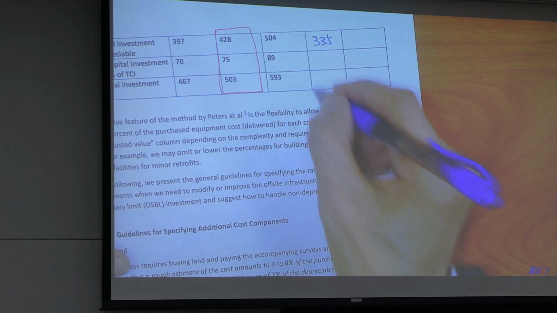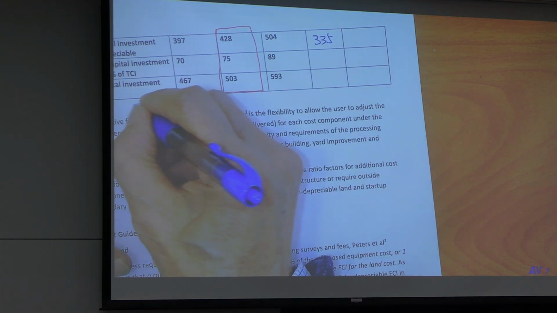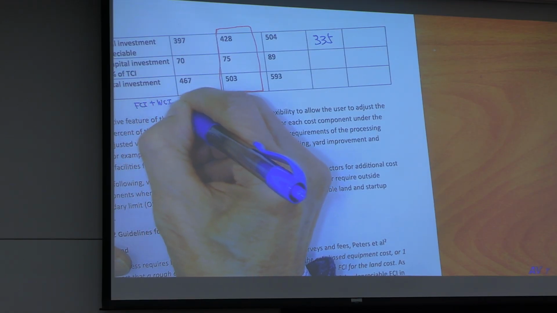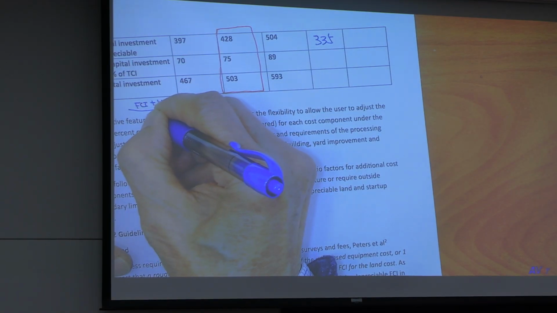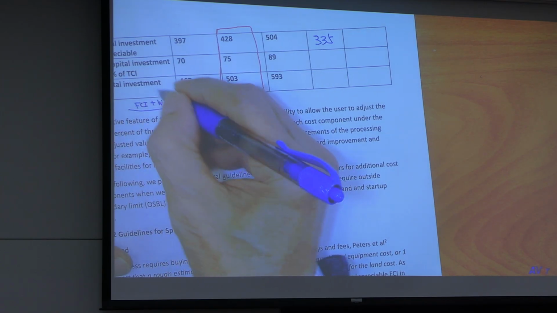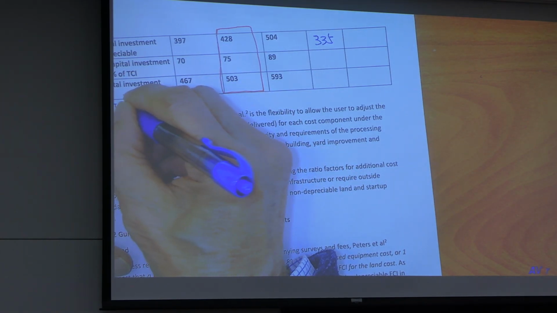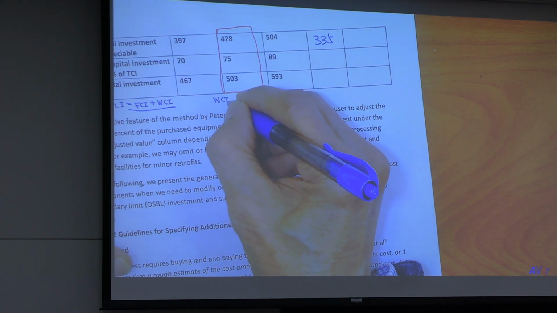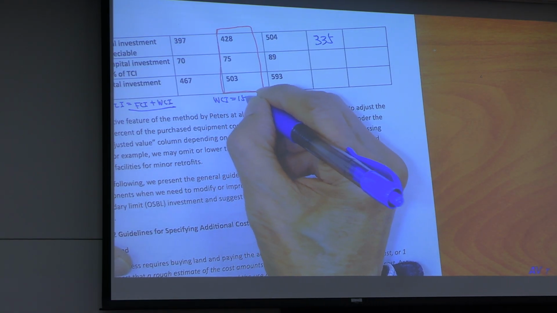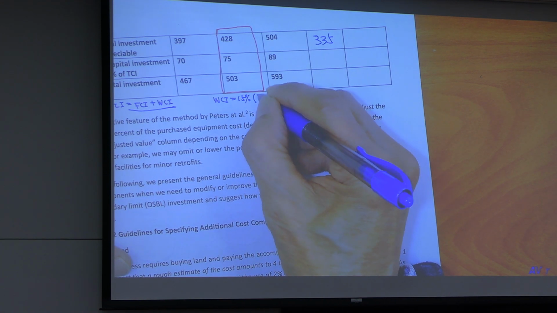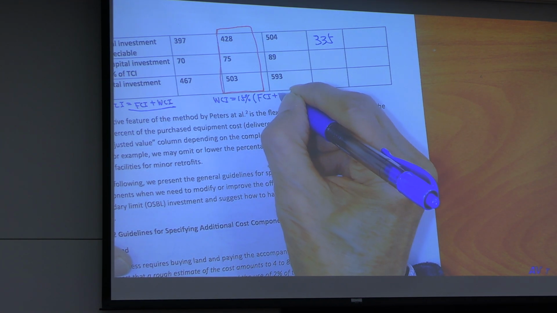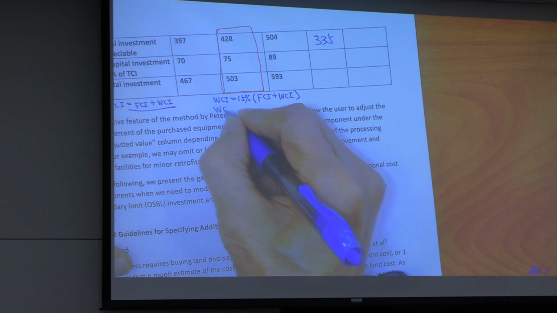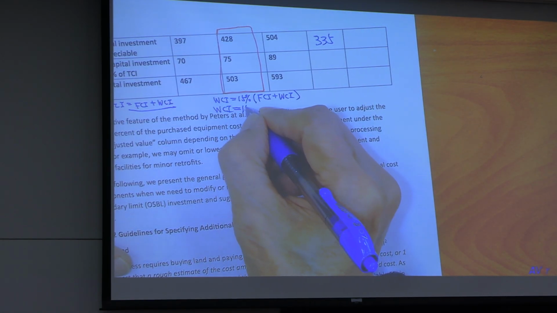Now, FCI plus WCI, okay, that is TCI. So, WCI equals 15% of FCI plus WCI. WCI equals 15%.